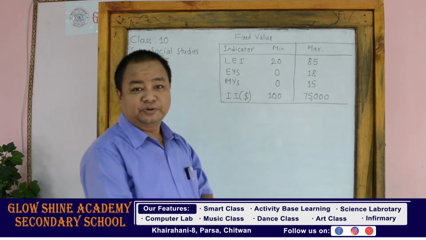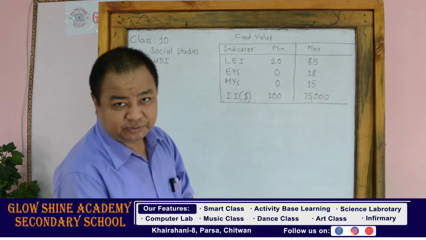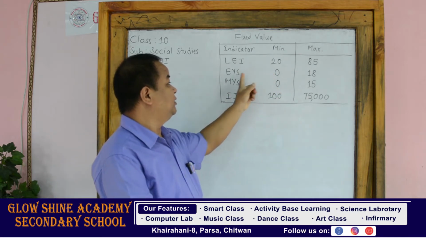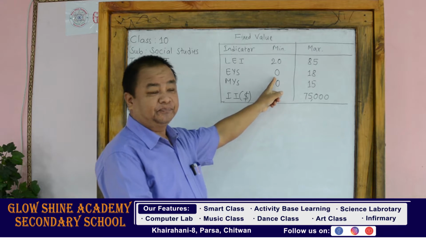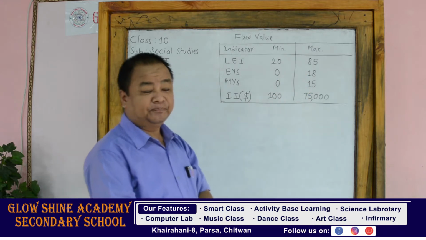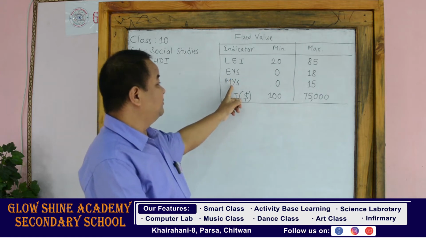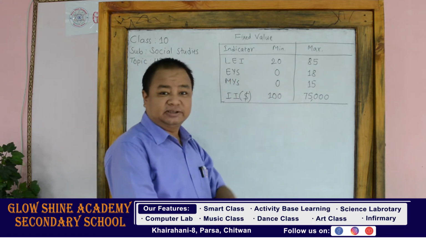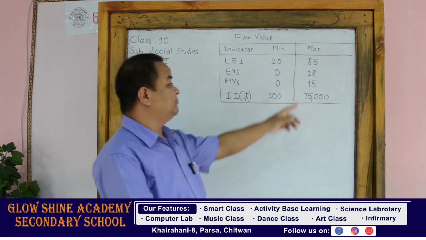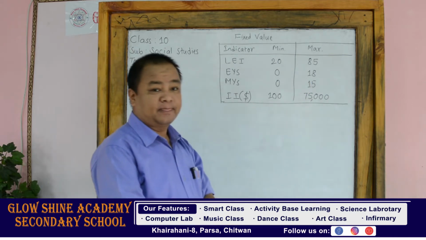MYS refers to mean years of schooling. The minimum value of EYS is 0 and the maximum value of EYS is 18. The minimum value of MYS is 0 and the maximum value is 15.